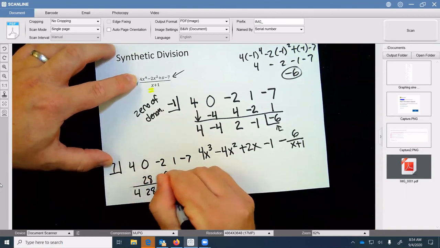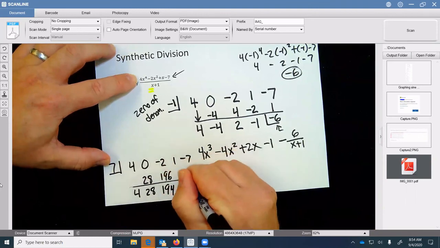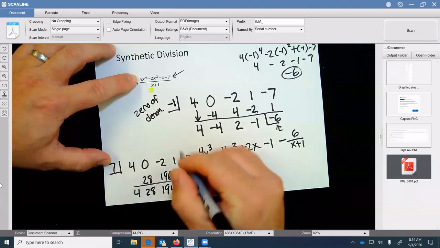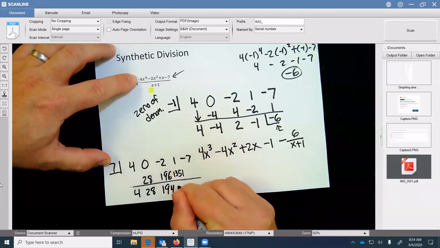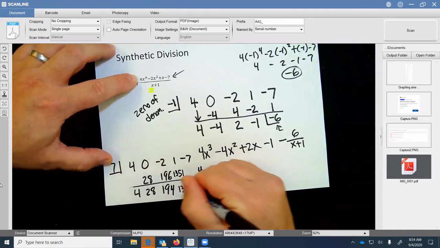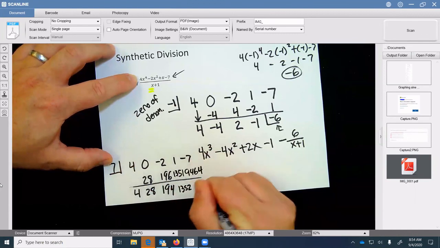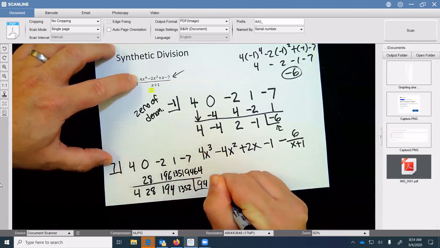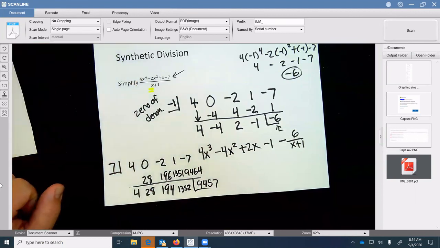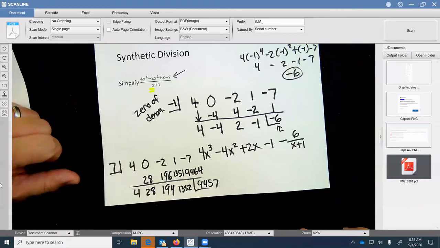For 196, this is going to be an awful number because I just chose it off the top of my head. 21, 2, 63, 65, carry the 6, 1351, so it's 1352, 14, carry the 1, 35, 36, carry the 3, 21, 24, carry the 2, 9, 4, add, 9, 4, 5, 7. If I plug 7 in here, I'd get 9,457.